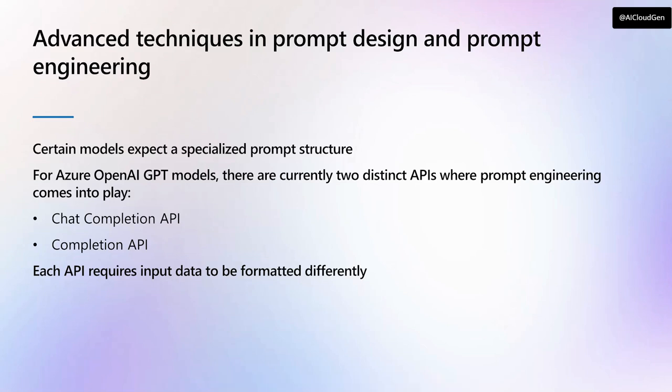Each API will require the input data to be formatted differently, which in turn is going to impact your overall prompt design. Keep in mind, any new applications that you are creating using the OpenAI models, you will be using the chat completion API because the GPT-3.5 Turbo and GPT-4 models use the chat completion API, which is what Microsoft is recommending you to use.